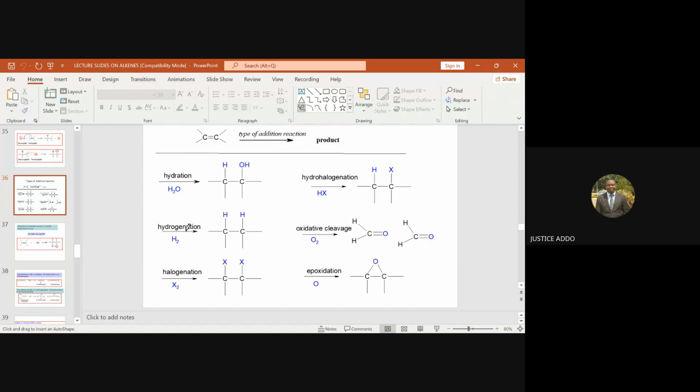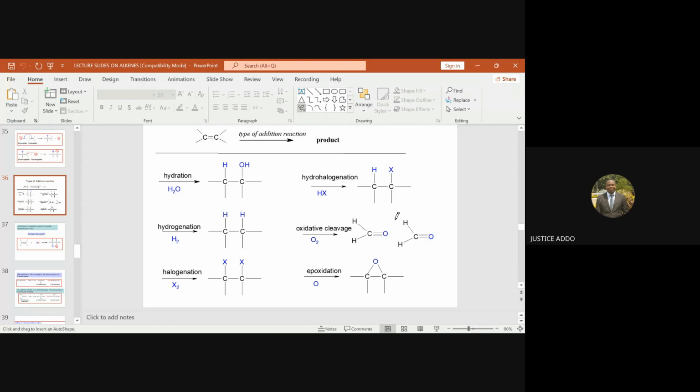Hydrogenation, we're adding hydrogen to an alkene in the presence of a metal catalyst, which could be nickel, platinum, palladium. And then the alkene will absorb a molecule of what? Hydrogen and reduce the double bond to what? A single bond to form the saturated alkane. Of course, oxidative cleavage, the double bond can be cleaved so that you form two fragments under certain conditions.